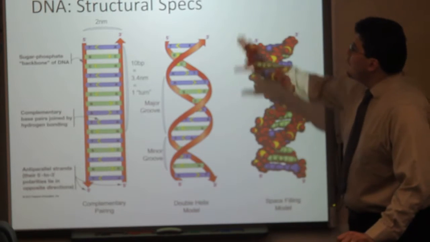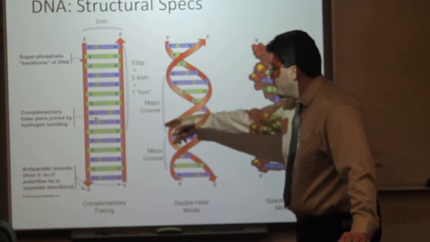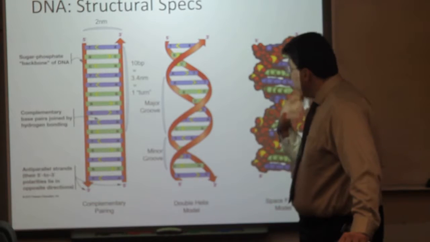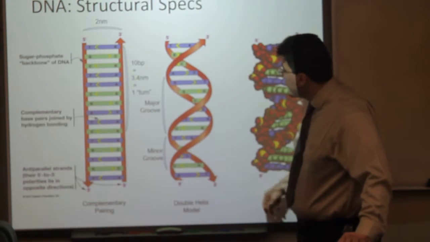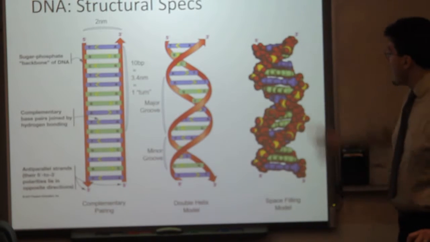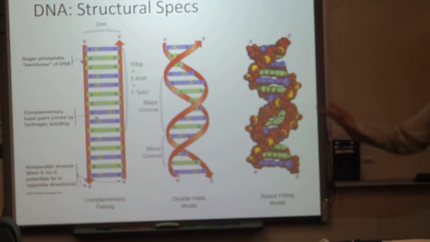So, in your double helix model, you'll have a major groove and a minor groove. Now, the major groove can also be found over here, and your minor groove over here as well. Our space-filling model is more accurate, but still not perfect because, well, it's a 3D representation, not the real thing.